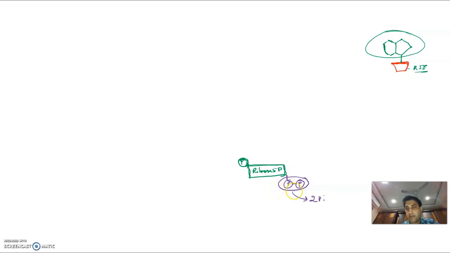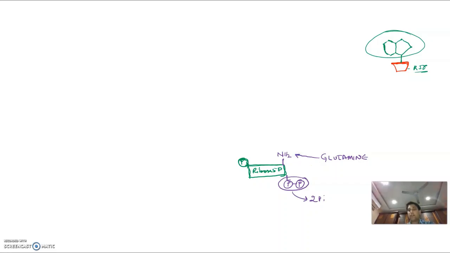In the second step, this PRPP is removed and an amino group is attached. Where is this amino group coming from? Yes, it is coming from glutamine.